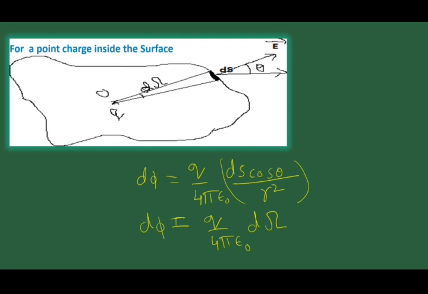Now the total outward flux through the whole surface, we will calculate. Total flux phi is equal to, we have to do the surface integration over a closed surface of, the final expression was like this, q divided by 4 pi epsilon naught into d omega, solid angle d omega.